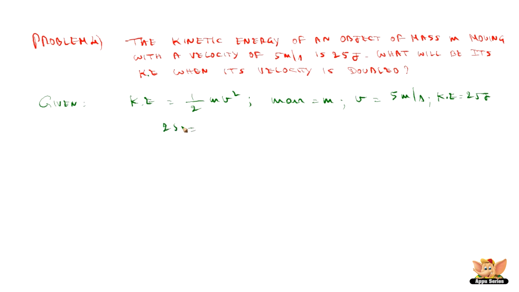So 25 is equal to half into m into 5 into 5. So m becomes 50 by 25, so it is 2 kg.